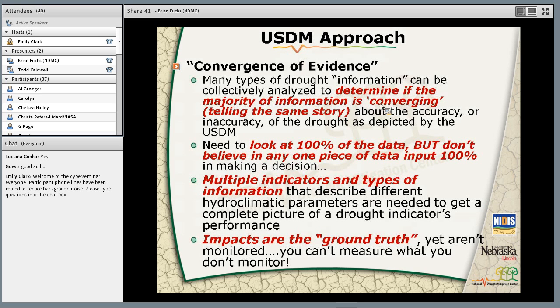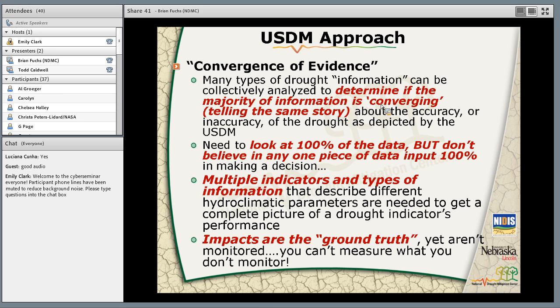So within this convergence of evidence, there's many types of information and indicators that we're looking at. And we need to determine, is this information all telling the same story? Because that's telling us how accurate or inaccurate we are on the map.